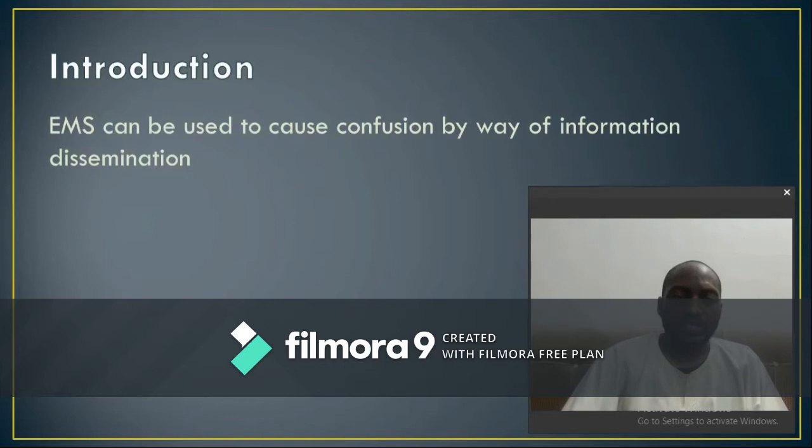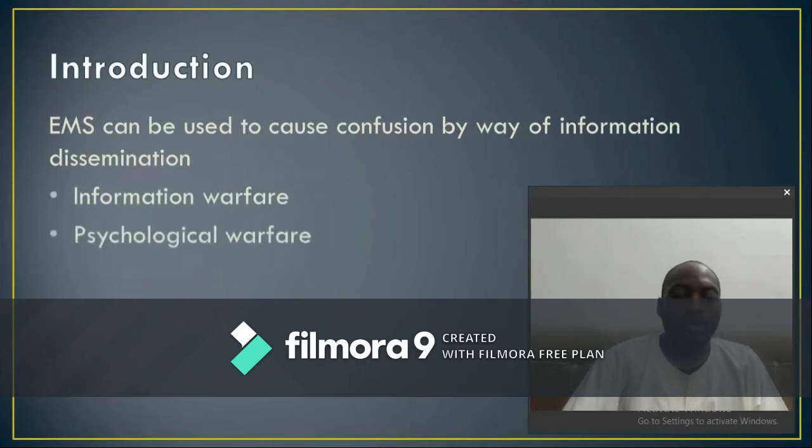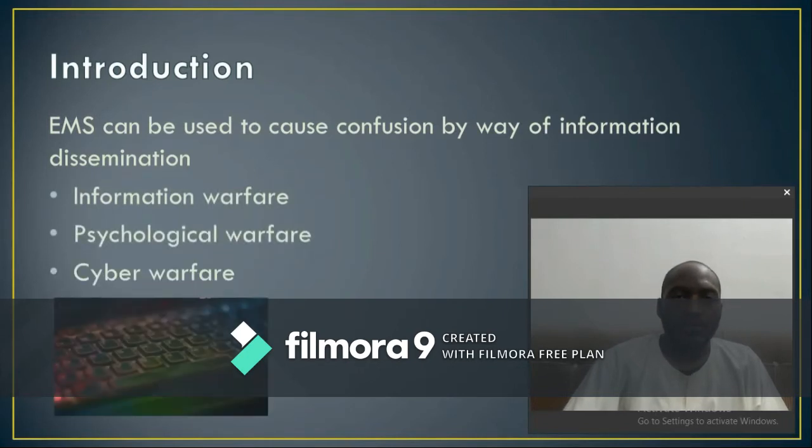This can be achieved through using decoys, sending false signals, or even transmitting misleading information through airwaves like TV and radio, and through cyberspace like using various social media platforms. So information warfare, psychological warfare, and cyber warfare can be seen as subsets of electronic warfare.